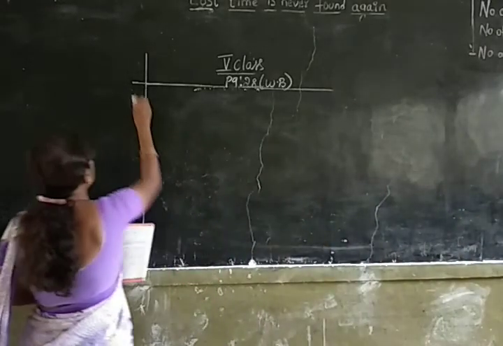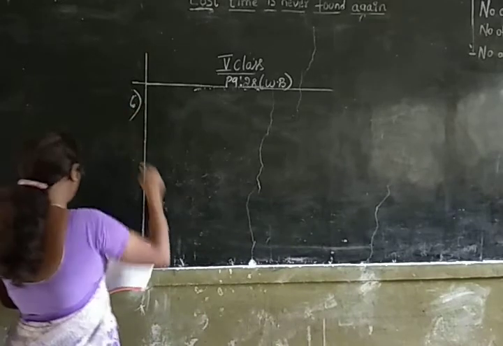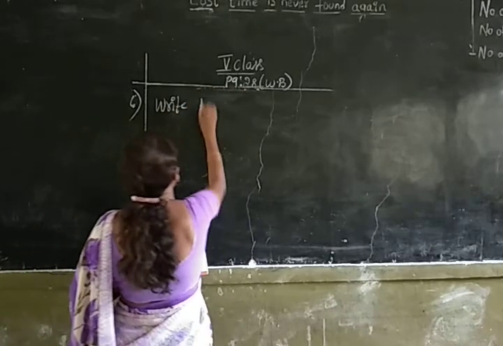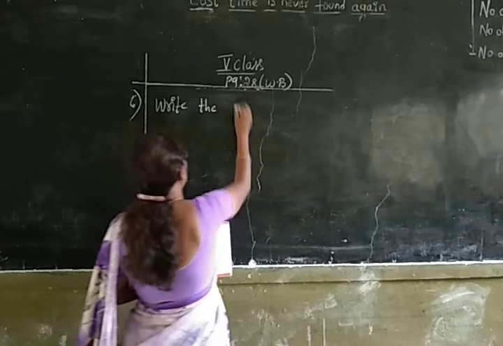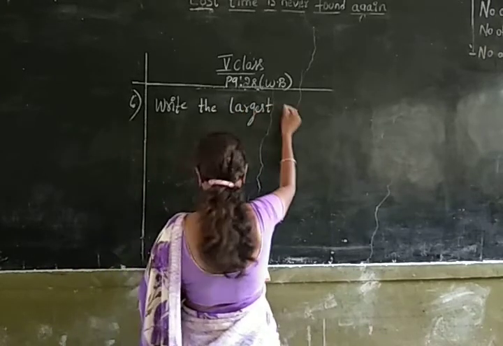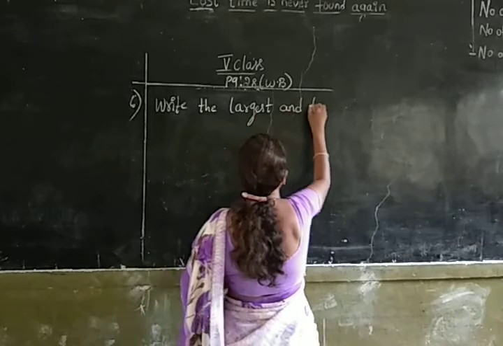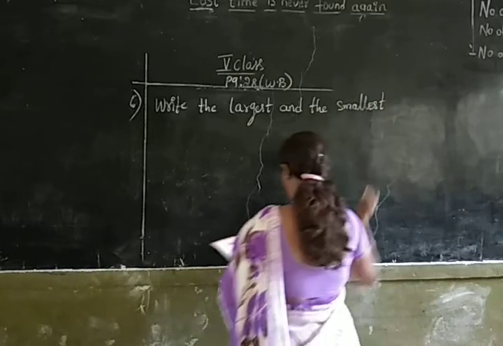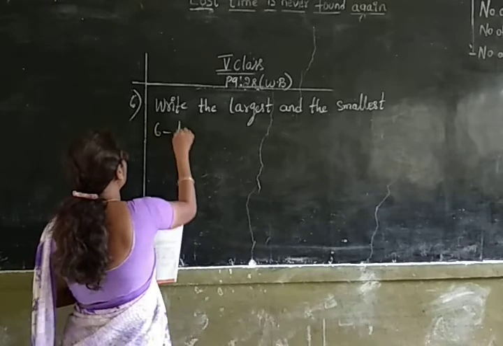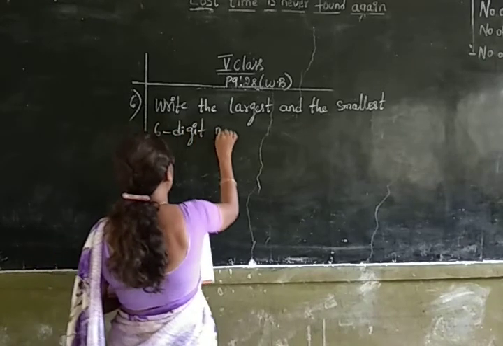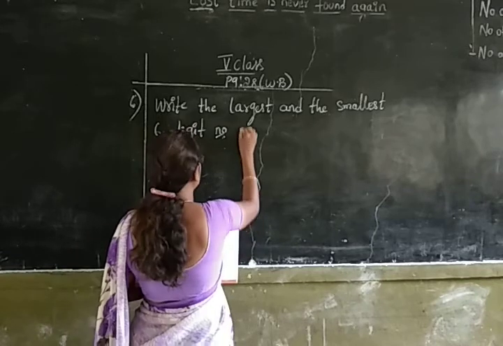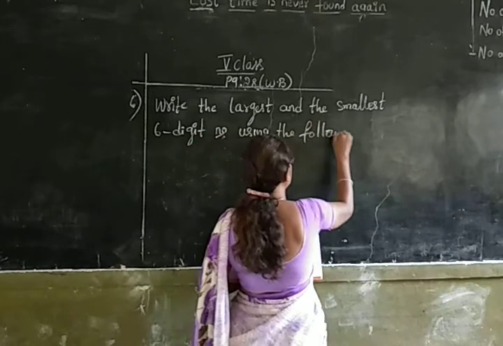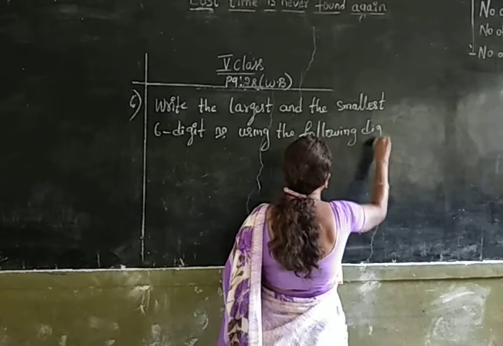The sixth question is: write the largest and the smallest 6-digit number using the following digits.